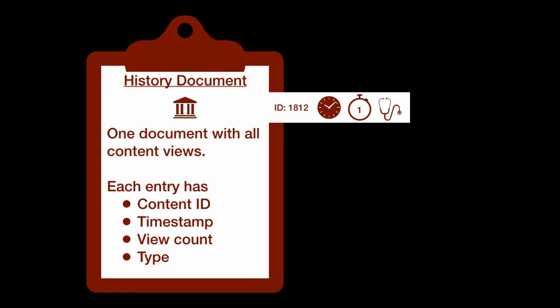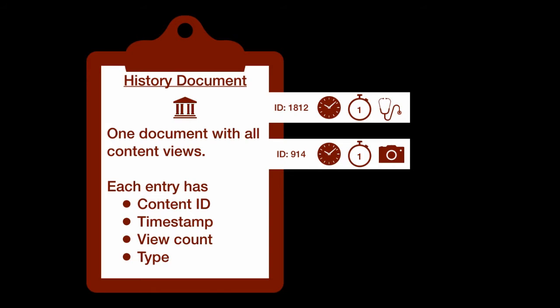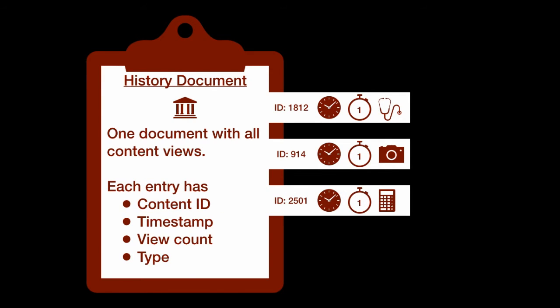So this example here shows a medical content view, and this shows a graphic content view, and this shows a calculator content view. And as the user continues using the application, they may view these content items multiple times.